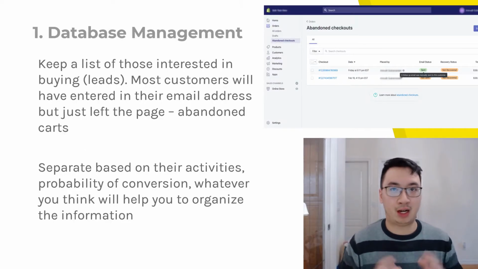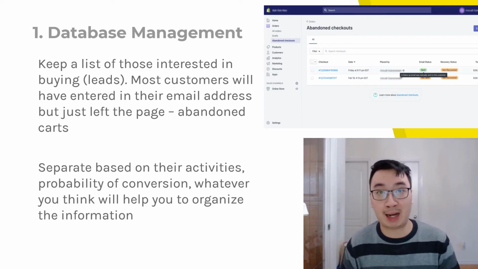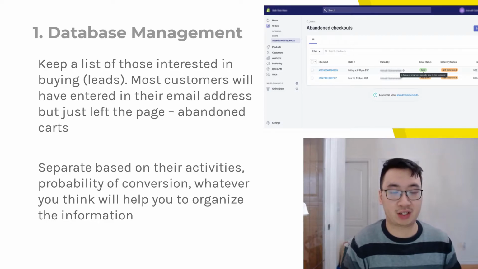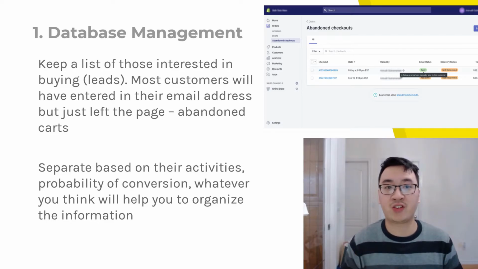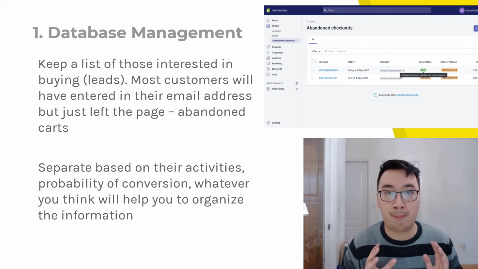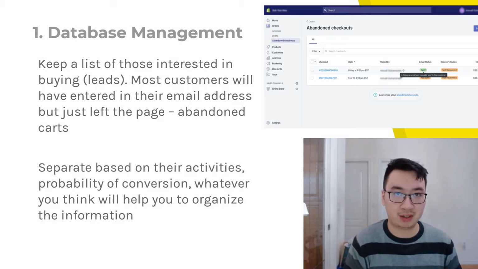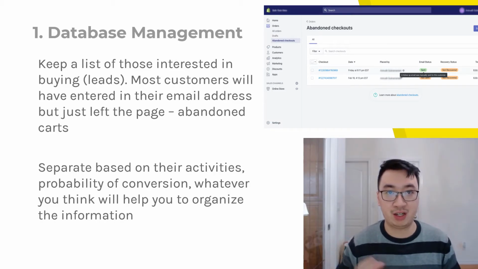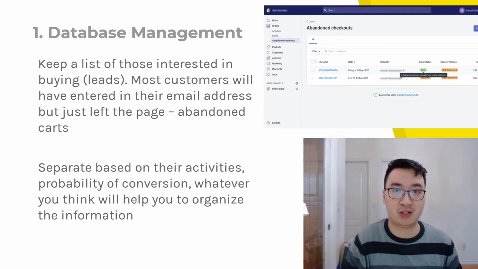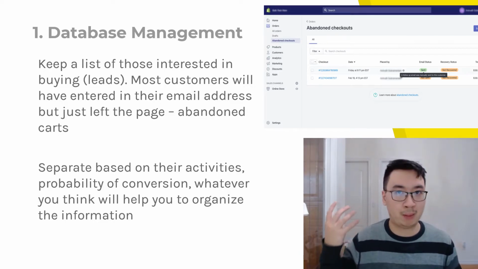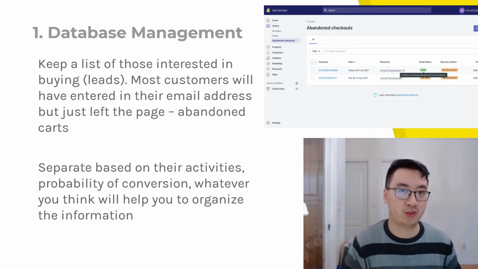conversion rate. Now, I'm going to show you some actionable things you can do for your own business that can increase conversion rates. So, if you have Shopify, one thing that you can manage is something called your abandoned carts. Now, these are people that have entered their email address, their contact information, and they've added items into the shopping cart, but they, for some reason, left the web page and they didn't go through with the purchase.